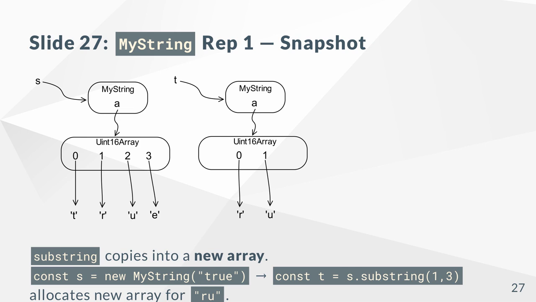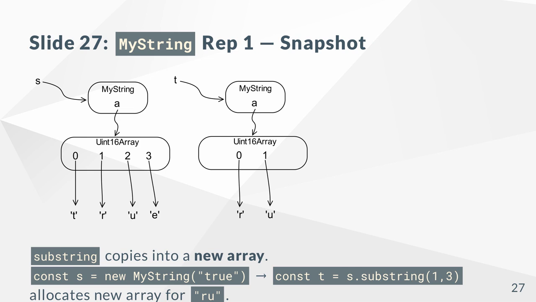On the left side of the diagram, you see the variable s pointing to a myString1 object. That object contains a Uint16 array holding 4 values, the character codes for t, r, u, and e. Below that, we see the variable t pointing to a completely separate myString1 object. That object has its own Uint16 array holding just 2 values, the character codes for r and u.